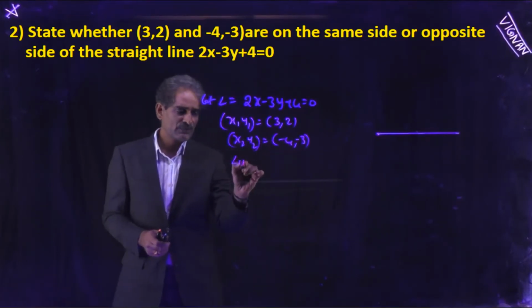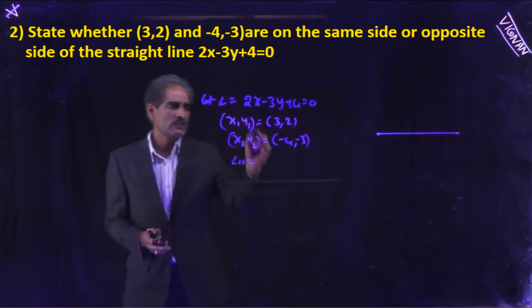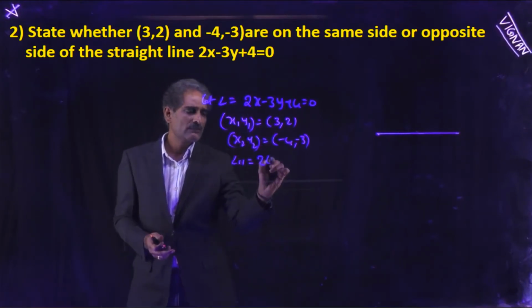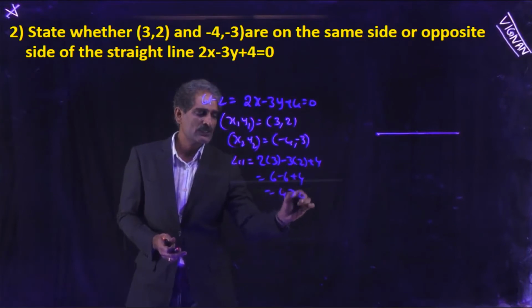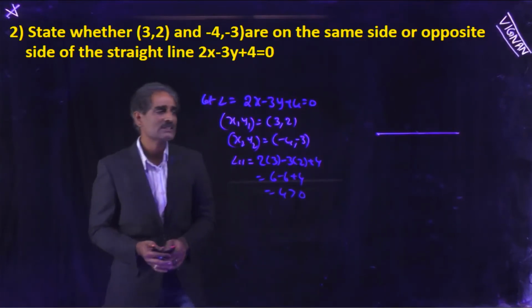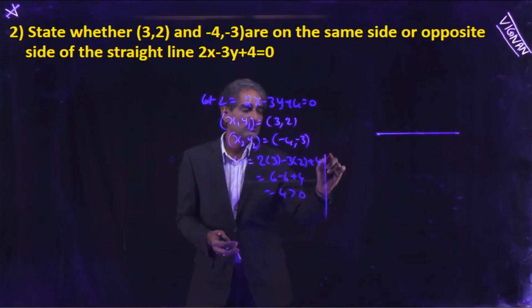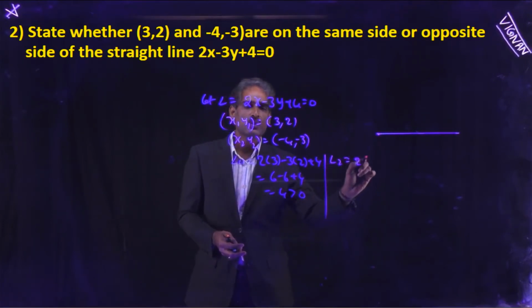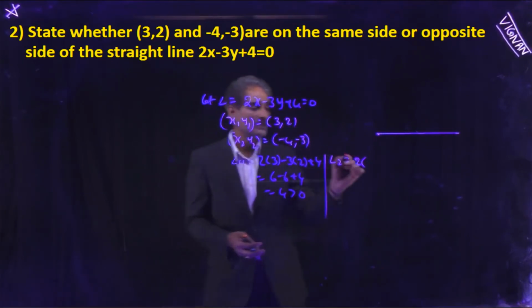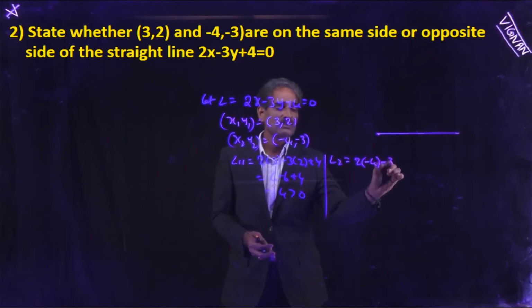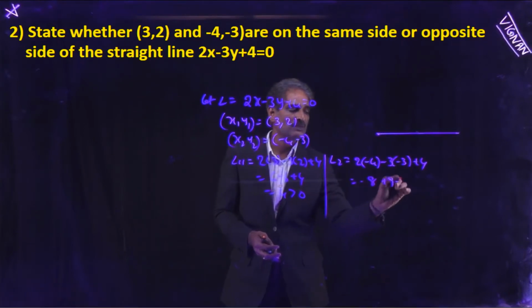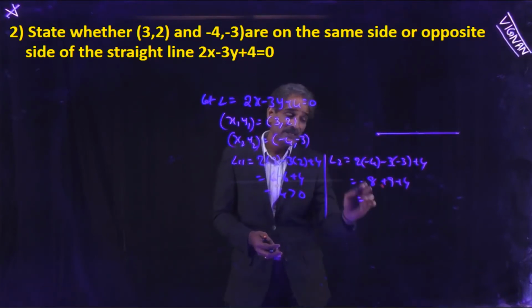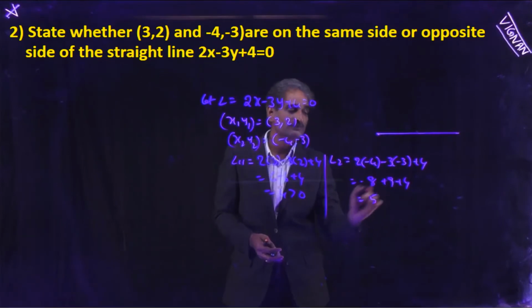Now if I simply find out the L11 and L22 values. L11: 2 into 3 minus 3 into 2 plus 4, that is 6 minus 6 plus 4, that is equal to 4, greater than 0. Here L11 is greater than 0. Now find out L22. Substitute the second point: 2 into minus 4 minus 3 into minus 3 plus 4 is equal to minus 8 plus 9 plus 4, that is minus 8 plus 9, 1 plus 4, 5.